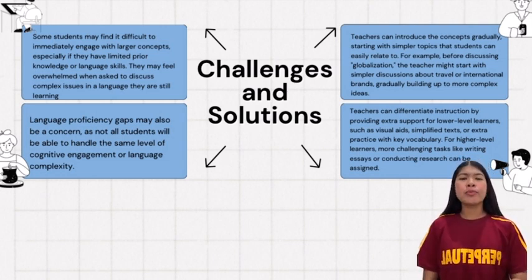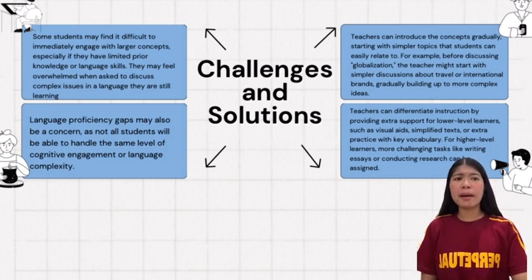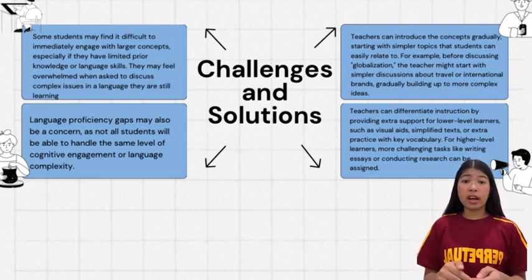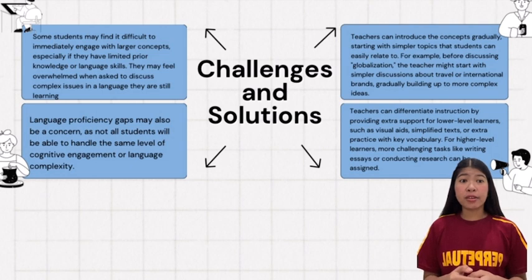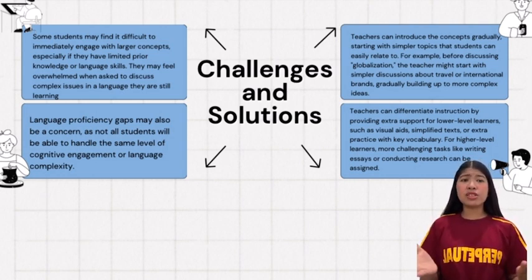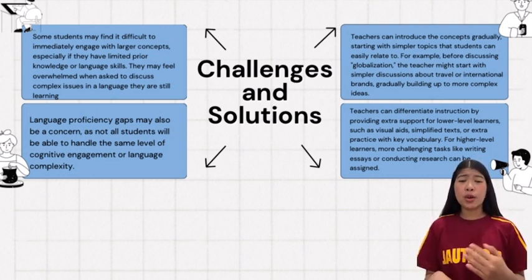solutions for it? So, as challenges, when it comes to students, some students may find it difficult to immediately engage with larger concepts, especially if they have limited prior knowledge or language skills. They may feel overwhelmed when asked to discuss complex issues in a language they're still learning.